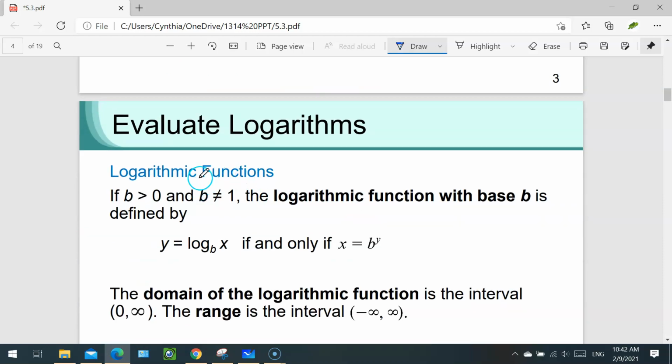We look at the logarithmic function. If b is a positive number greater than 0 and b not equal to 1, the logarithmic function with base b is defined by y equals log base b of x if and only if x equals b to the power y.